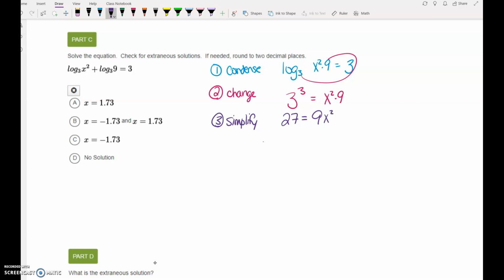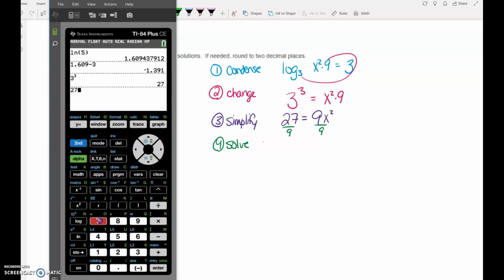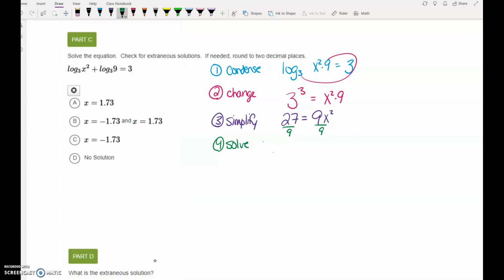Now all we have is x squared, so we can just solve this. In our solving step, we're going to divide both sides by 9. 27 divided by 9 is 3. Square root both sides.